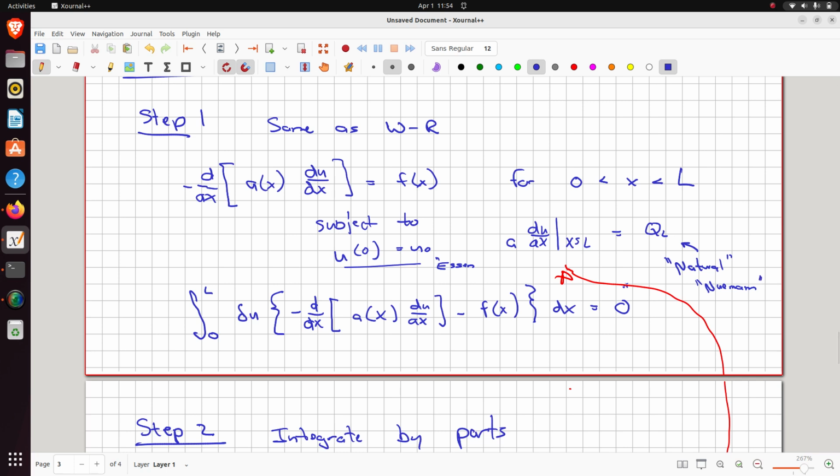The way I remember that is they both start with N. That's why I like natural, because natural makes sense to me. It naturally goes into the weak form, and if I can remember natural, then I can remember Neumann, because they both start with N, right? Over here, we have that this is an essential or a Dirichlet boundary condition.